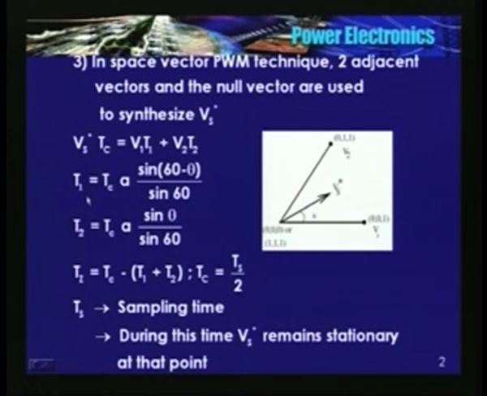So, to determine T1 and T2, I need to know only theta, or the position of the space vector in the sector. I need to know only this angle theta. Now, Tz can be applied either by using 0 0 0 or 1 1 1. The way 0 0 0 or 1 1 1 is applied is not going to affect the volt second balance.